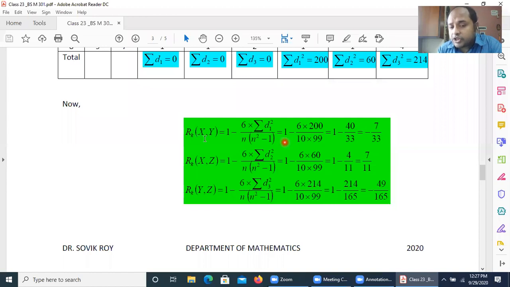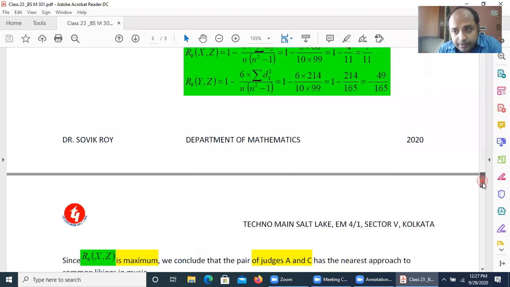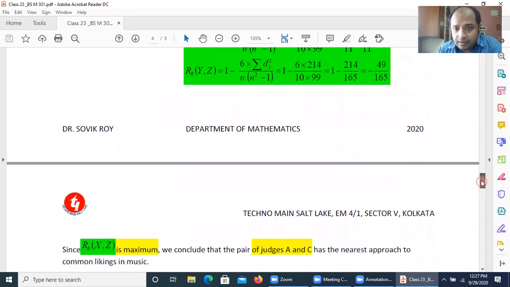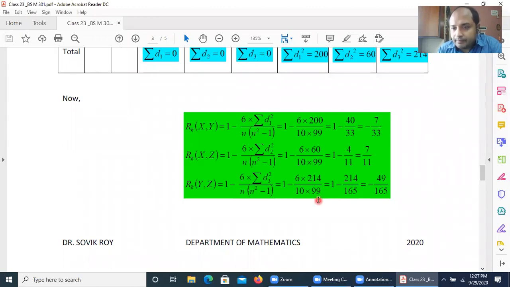Individually, all the ranks have been found. Rank correlation between X and Y has been obtained as -7/33. Rank correlation between X and Z has been obtained as 7/11. And rank correlation between Y and Z has been obtained as -49/165. After calculating all the rank correlations, we will compare them and try to find out which of these 3 is maximum.